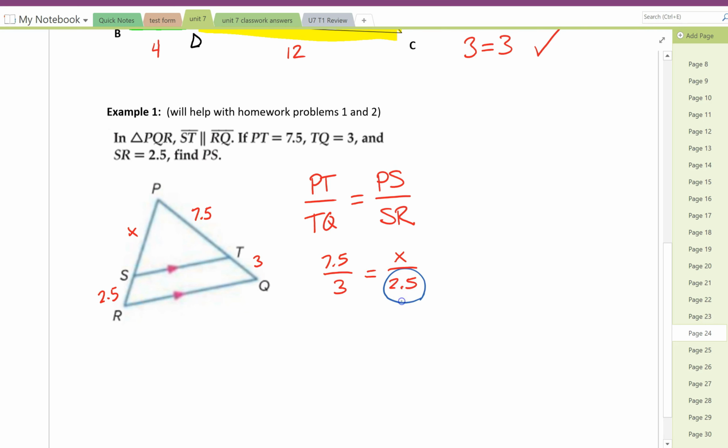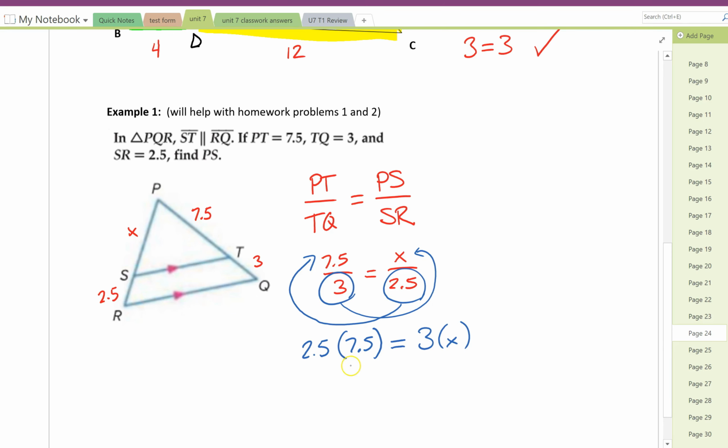And so I'm going to take this 2.5 and multiply it by the numerator on the other side of the equation. So on the left, what I'm going to have is 2.5 times 7.5. That's going to be equal to 3 times x. Okay, so I take both denominators and multiply them by the numerators on the other side of the equation.